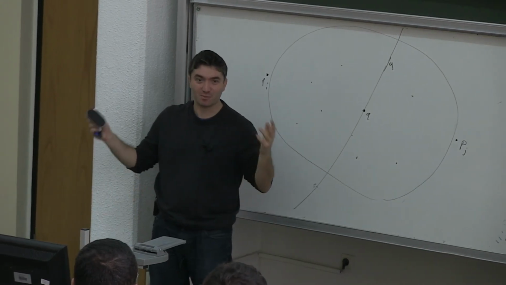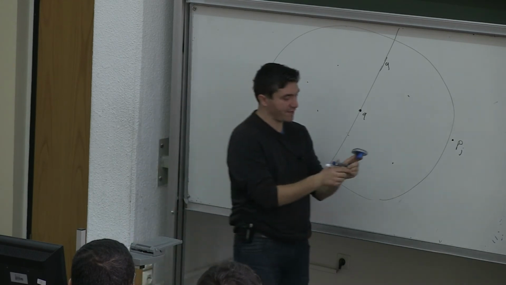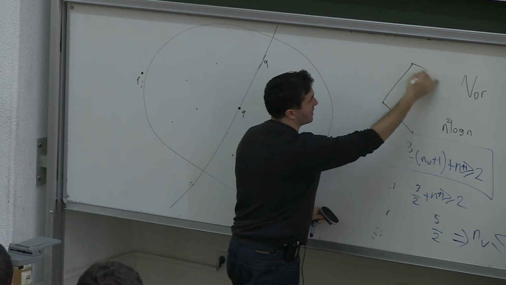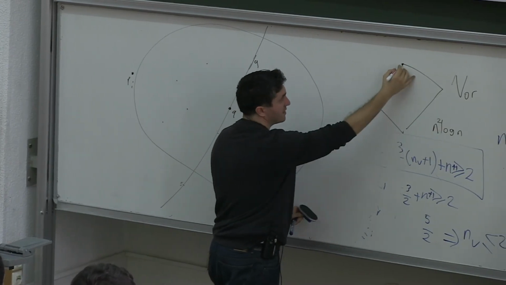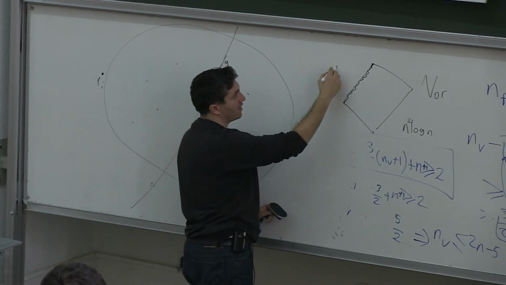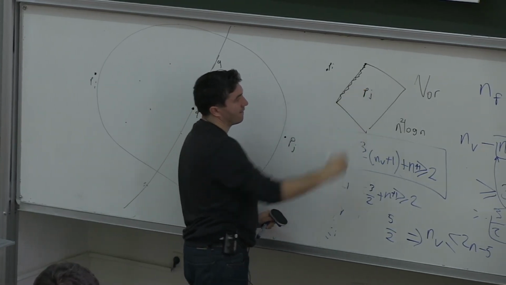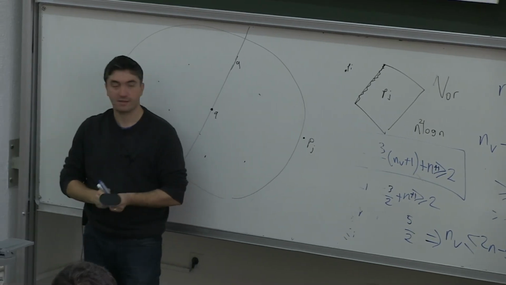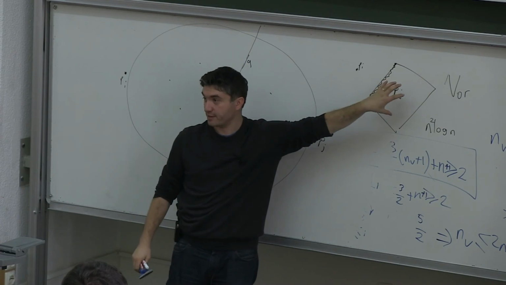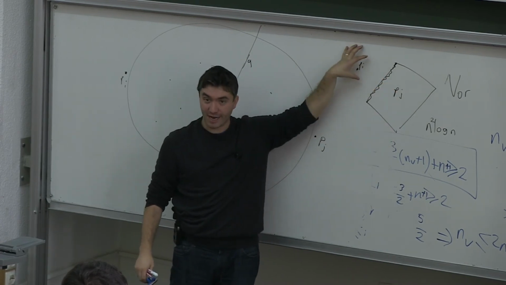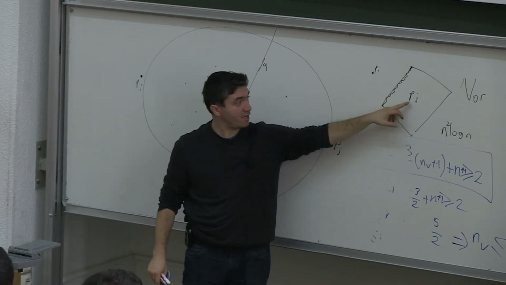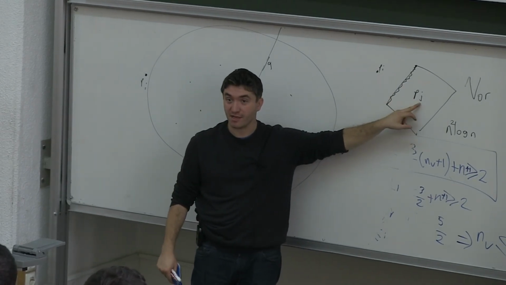Imagine in a Voronoi diagram, the points along an edge are shared between two faces, right? And these two faces belong to these sites. It means that all the points along the edge are equidistant to Pi and Pj.